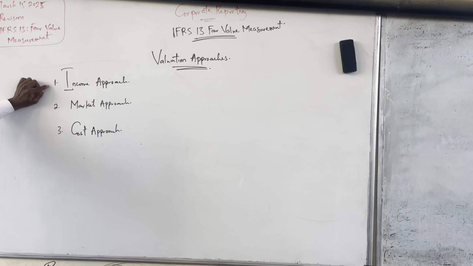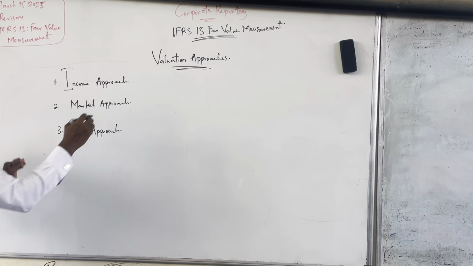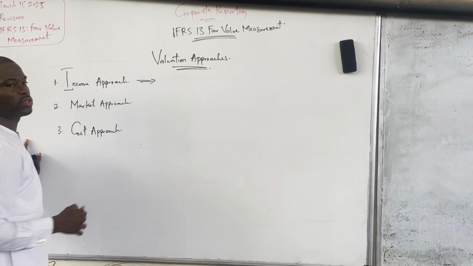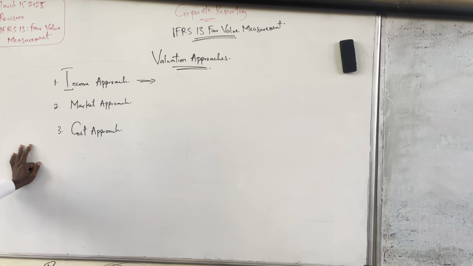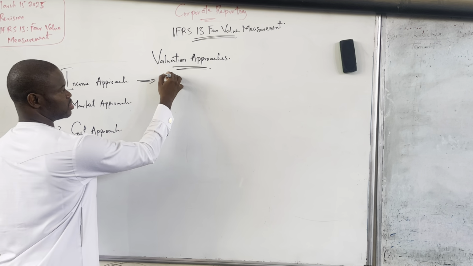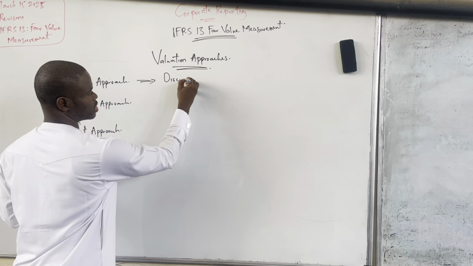Now, for the income approach, look up so that you understand it. For this approach, the fair value that we get here is determined or priced using what we call what?